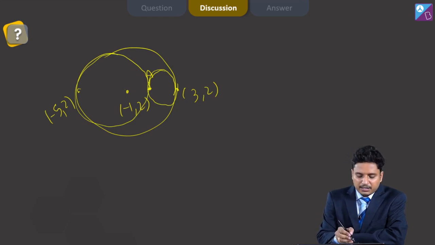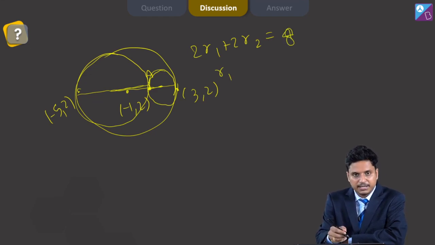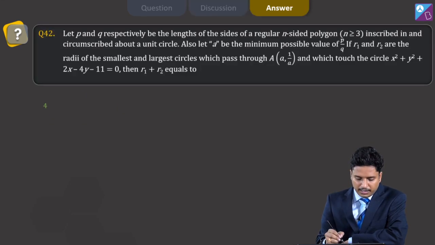In this case, we can observe that this R1 and this R2, anyway this is 2R1 and this is 2R2. So 2R1 plus 2R2 will be actually equal to the diameter of the given circle, which was 8, because radius is 4, so diameter will be 8. So 2R1 plus 2R2 is equal to 8. That means R1 plus R2's value will be equal to 4. So the correct answer for this question will be 4.